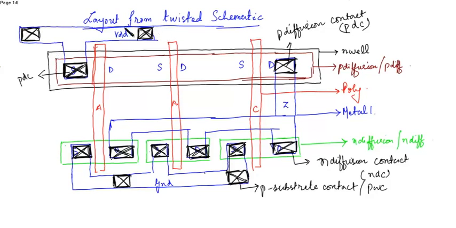We can write it over here, it's the N substrate contact. This is the N substrate contact, or you can write it as the NWC contact. So this is the layout from the twisted schematic diagram.